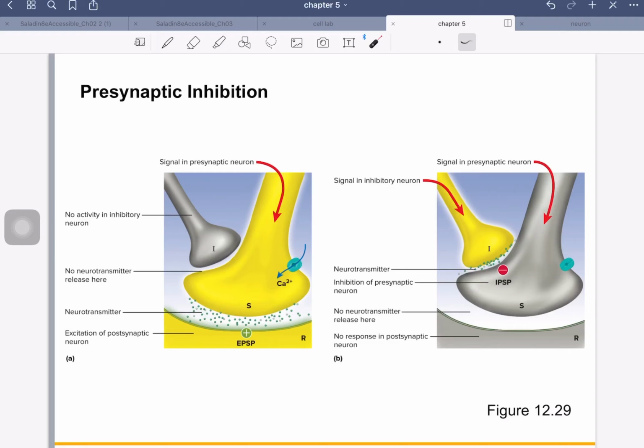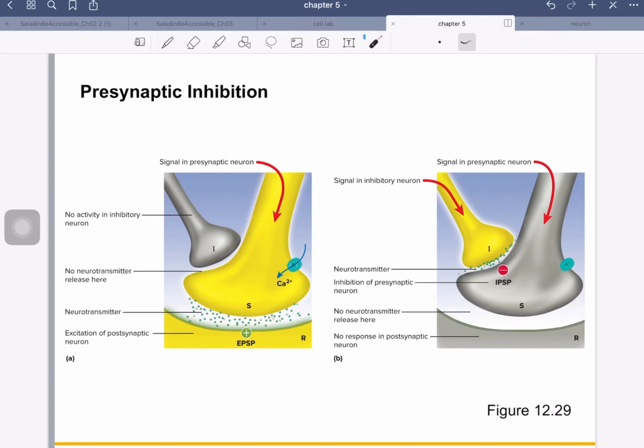In this case, this is presynaptic inhibition, where an inhibitory neuron down this area is saying to itself, you know what, I do not want this neuron to fire. Or if it fires, I don't want much release of neurotransmitters. So if the inhibitory neuron's not firing, the action potential comes down, and if there's no inhibitory effect at the last minute, then it's going to release neurotransmitters and carry on like it usually does.